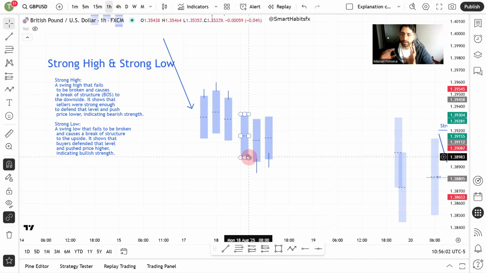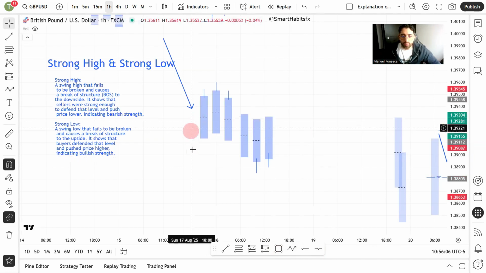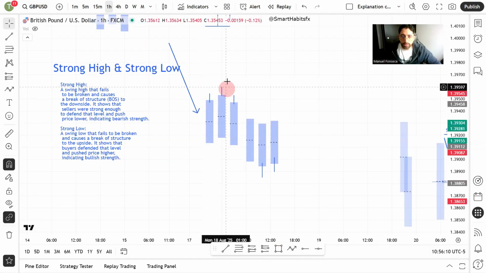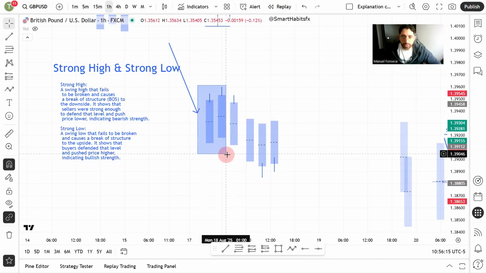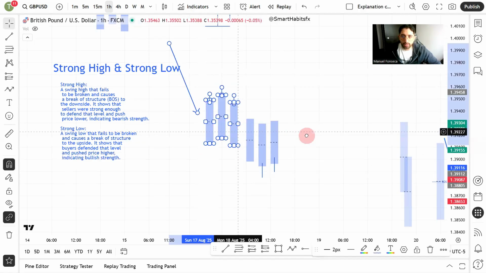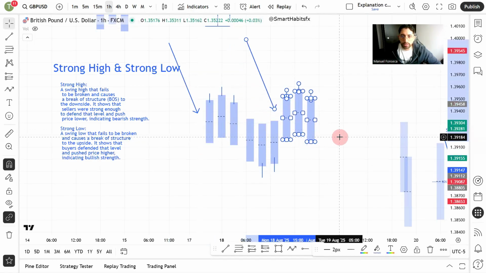But for a strong low, to identify it, what we have to spot first is not the swing high pattern, but the swing low. Why? I'm going to show you why. Because it's the same pattern, but a little bit different.